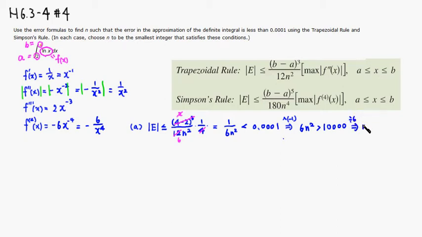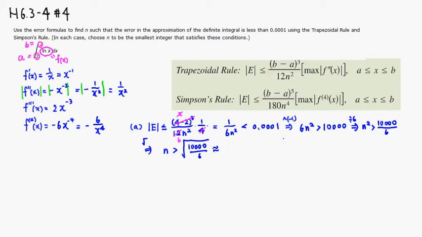We get n squared must be greater than 10,000 divided by 6. Then we take the square root, so n is greater than the square root of 10,000 over 6.